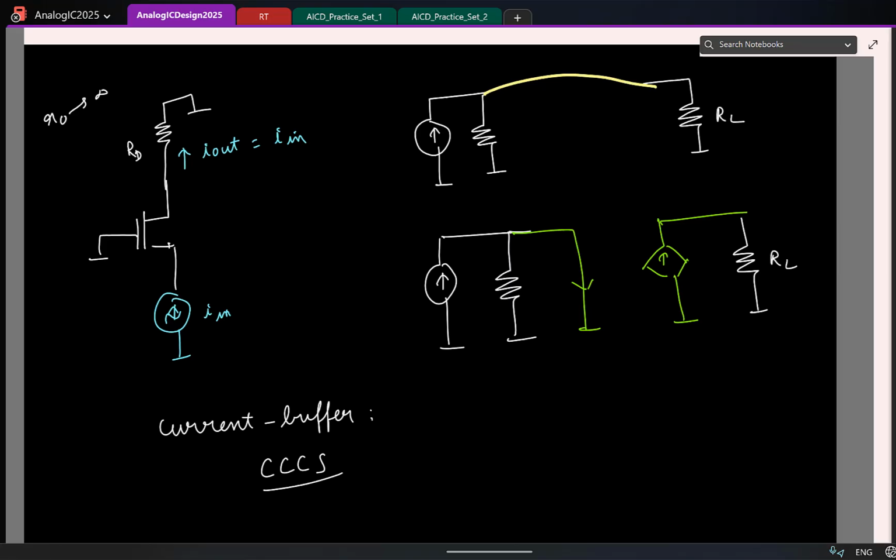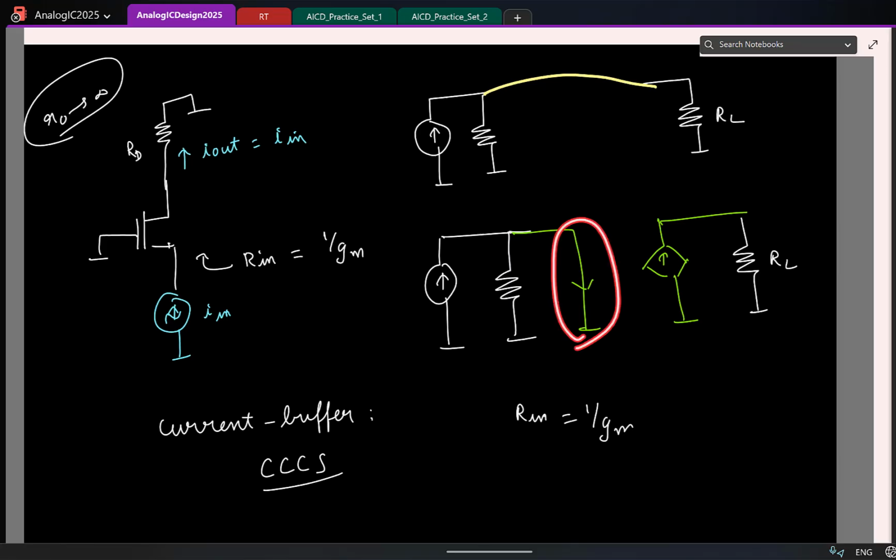So common gate, one of the main use cases is this, like a current buffer. And as you already know, the input resistance for this was how much? What is the Rin here? If I ignore R naught, what is Rin? 1 by Gm. So as you see, if you choose Gm to be sufficiently large, my input resistance will be small.